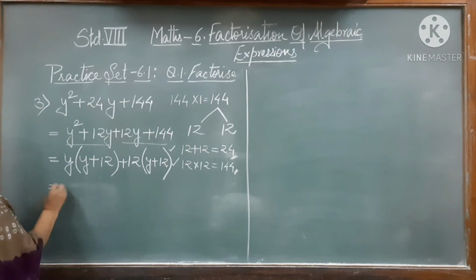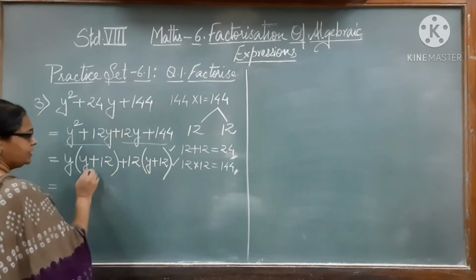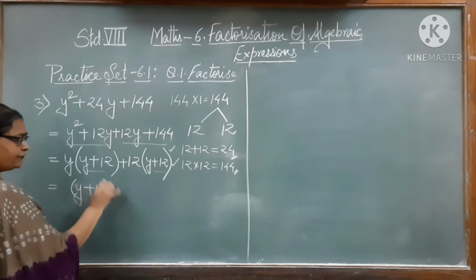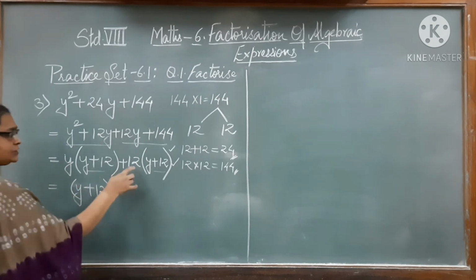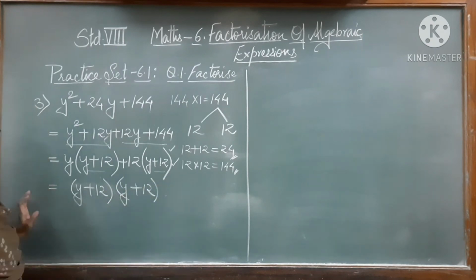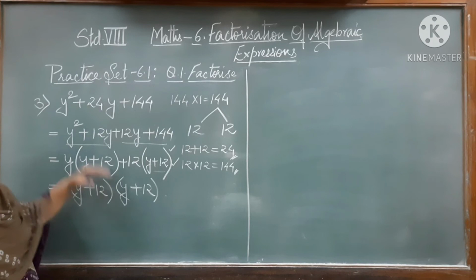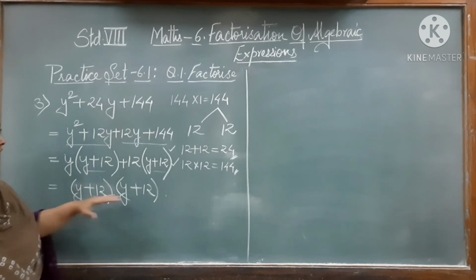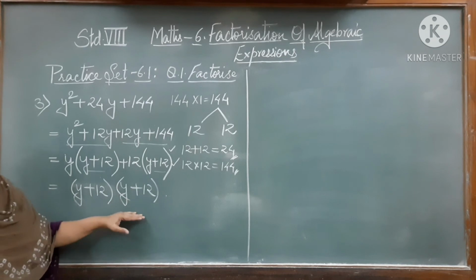Let me take the common bracket together as one factor. So y plus 12 is one factor, and the remaining y plus 12 is the second factor. So I have factorized y squared plus 24y plus 144. I got two factors, y plus 12 and y plus 12.